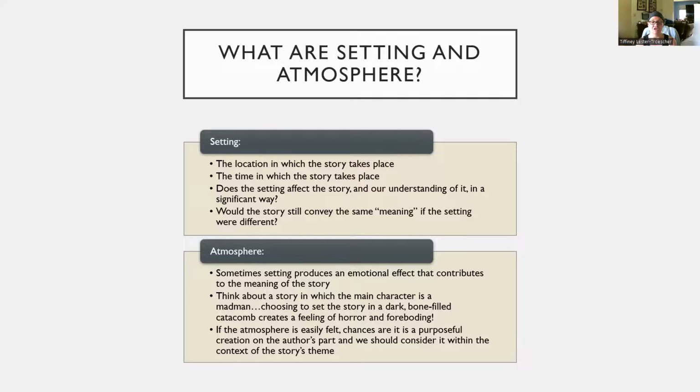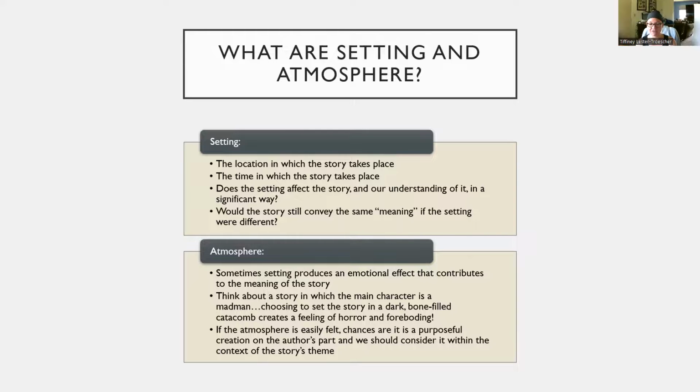Right? Atmosphere. That's when the setting sort of produces an emotional effect. Hearing a tense conversation can create a tense atmosphere.